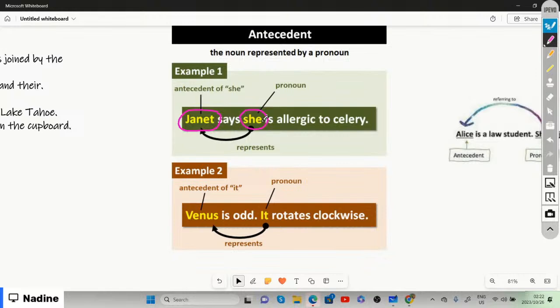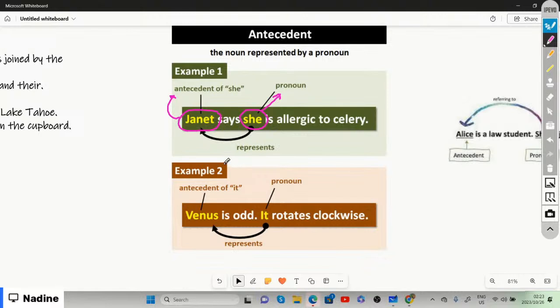Who is the she? It is Janet, right? It's like saying Janet says Janet is allergic to celery. So Janet is the antecedent, and our pronoun is she. So Janet is represented by she, because she is the pronoun of Janet, which is our noun.